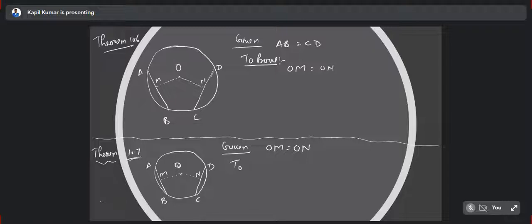And here to prove is AB is equal to CD. So this is the only difference here. Oh, okay, sir.